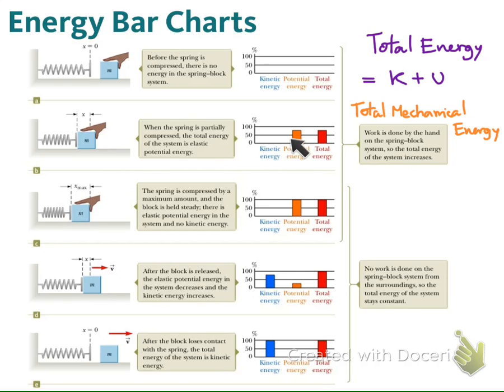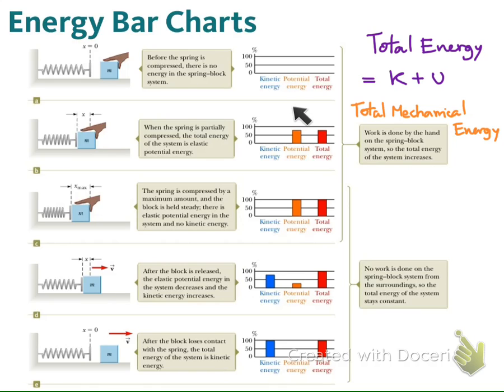So you can see that first there is nothing, but when we start pushing the spring, if we do it in a quasi-static or quasi-equilibrium process, it means that the object moves very slowly, so there is no kinetic energy.